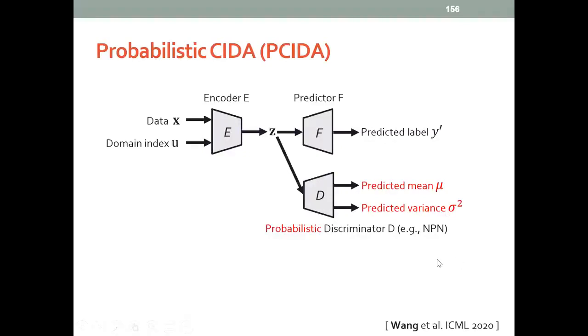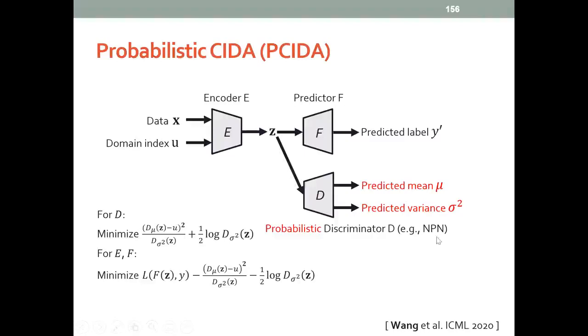And this is where the MPN comes in, where we can use MPN as a probabilistic neural network to predict the mean and variance. And correspondingly, the loss we use for the discriminator will be a negative log likelihood corresponding to the Gaussian distribution.